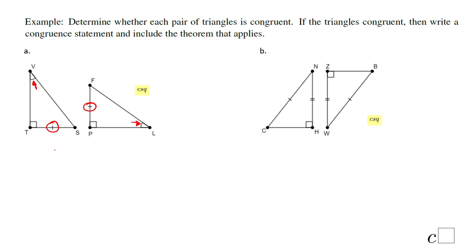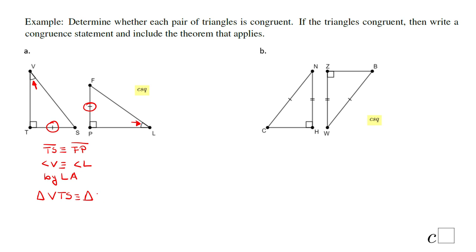So we have TS congruent with FP, angle V congruent to angle L, by, I said, leg angle congruence theorem, triangle VTS is congruent with triangle, and now very important, start with the corresponding letter.